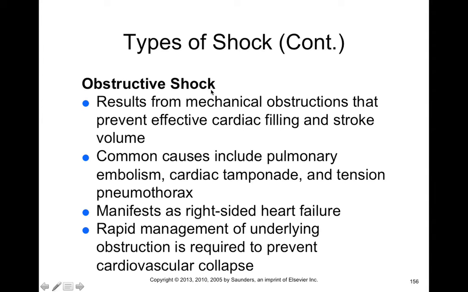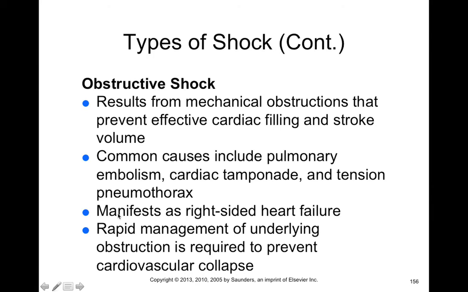Something else that can cause obstructive shock would be cardiac tamponade, where that external pressure on the outside of the heart can prevent proper heart chamber filling and also reduce proper blood flow, as well as tension pneumothorax, where changes in pressure within the thoracic cavity can also affect proper blood flow in the heart.